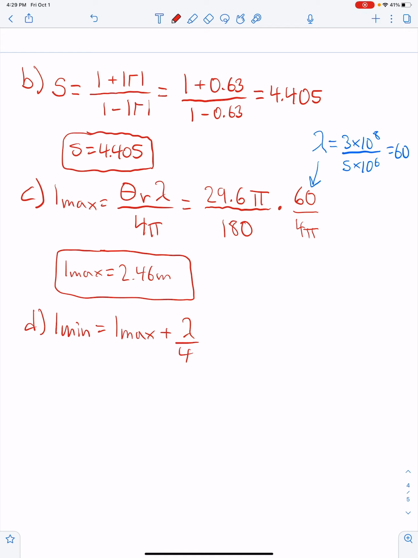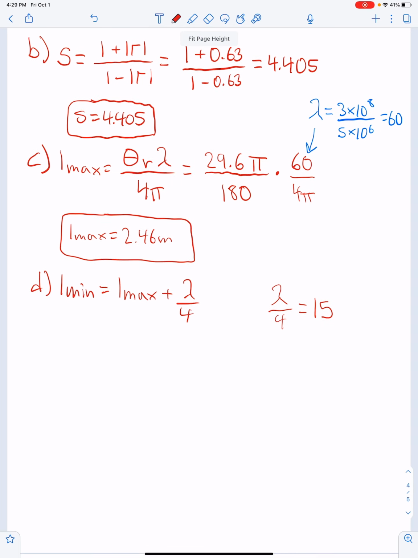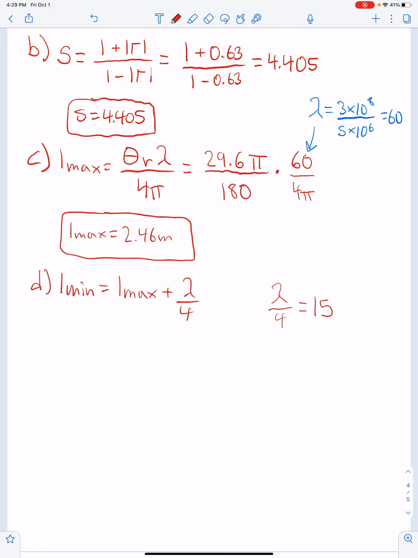Therefore, we can say our quarter wavelength here is equal to 15. So we have L min equals 2.46 plus 15, 17.46 meters. And that is that.